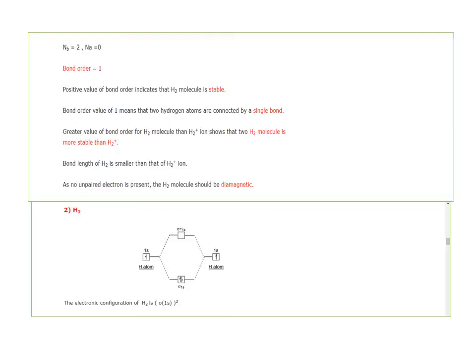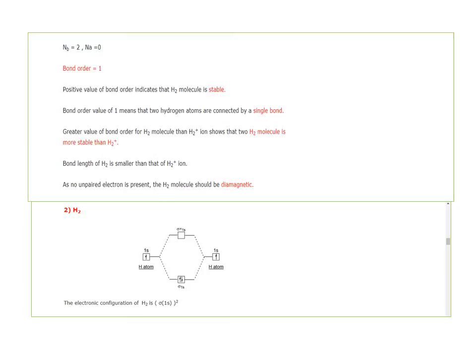So next example of hydrogen molecule H2. This diagram is shown below on the slide. Its energy level diagram. It contains 2 electrons, one for each hydrogen atom, and these 2 electrons are arranged in sigma 1s, and sigma star 1s is empty. And in the same way you can solve what is Nb.